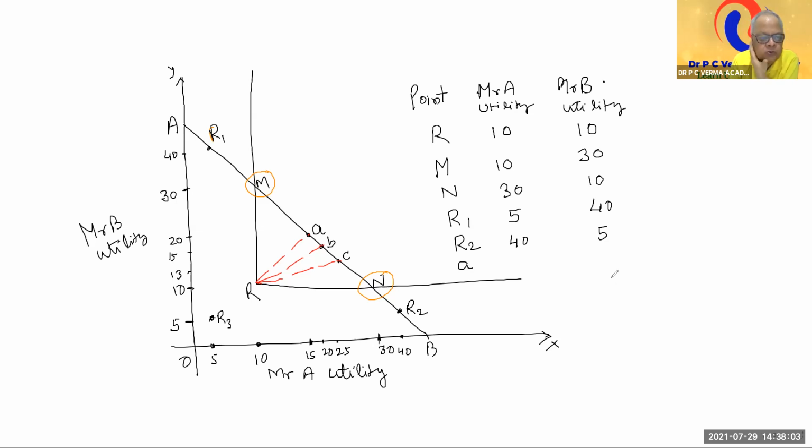If society moves from R to A, then Mr. A gets 15 and Mr. B gets 50. Both increase. At B point, Mr. A 20.